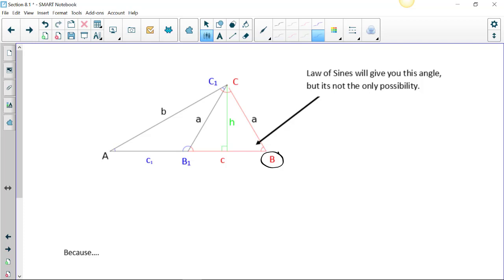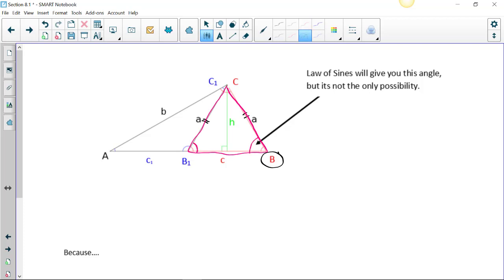However, there is another angle that will have the same value of sine, and that's because, let's look at this situation here. If this side is length A, and I swing that around, these two sides are congruent, or equal. That means my triangle here has two sides that are equal, so the angles opposite those two sides are equal.